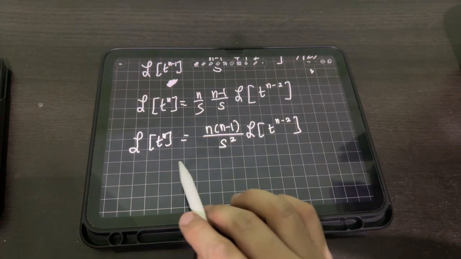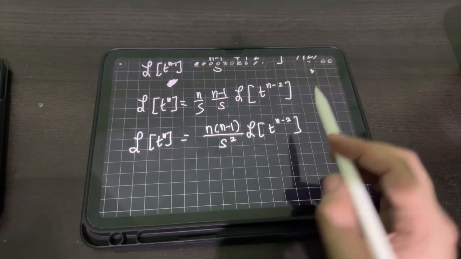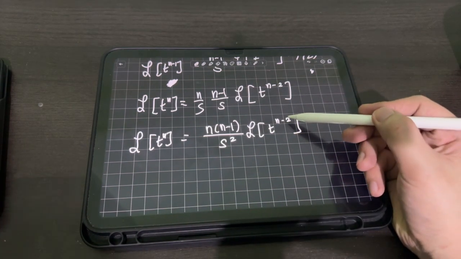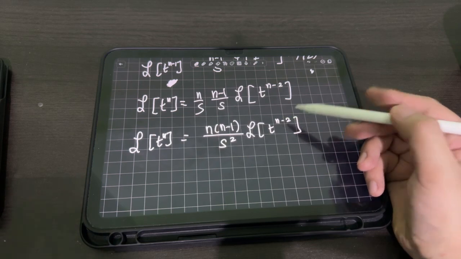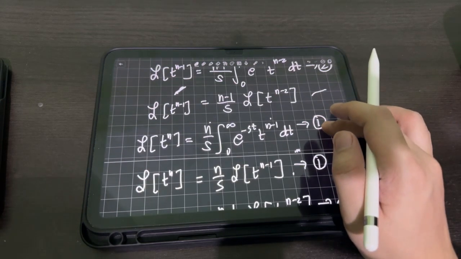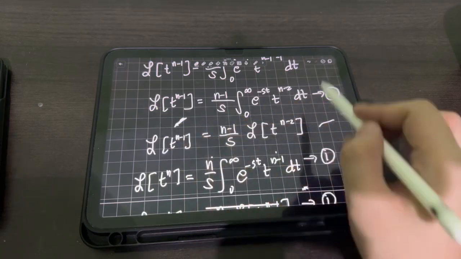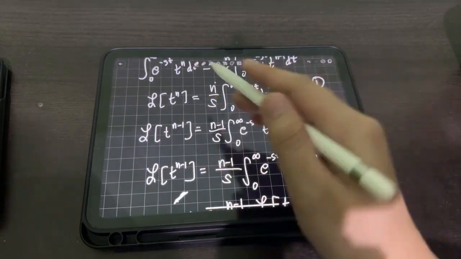Applying another iteration, let's say you get the Laplace transform of t to the n minus 1, you can still apply this formula, right? Or the original formula.